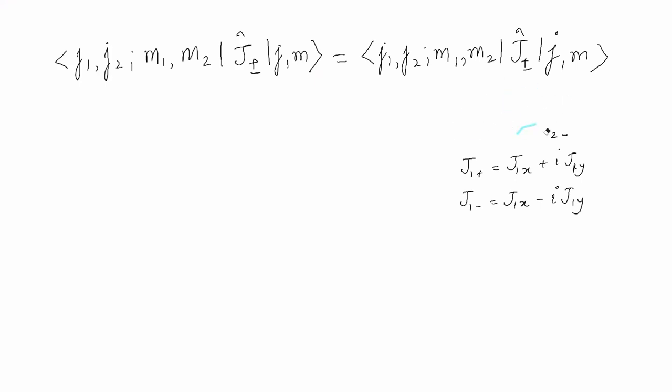But I will write the right hand side equivalently as J plus minus as J1 plus J2 plus. Therefore, in my next step, see, I am going slow and I am repeating the steps.